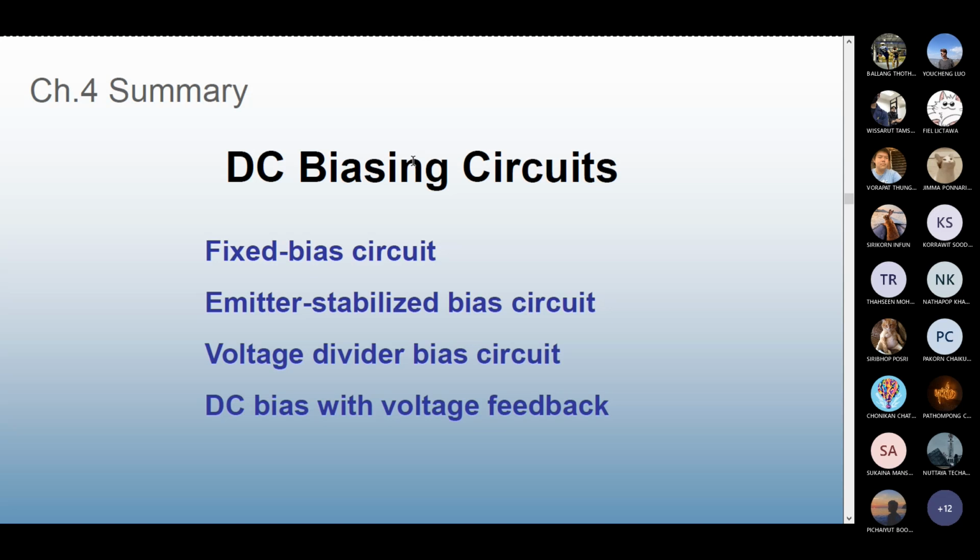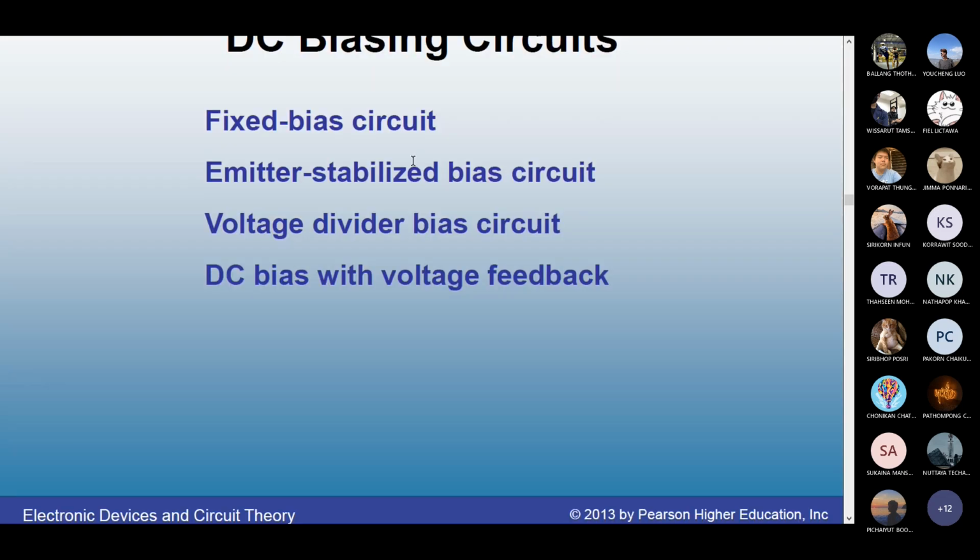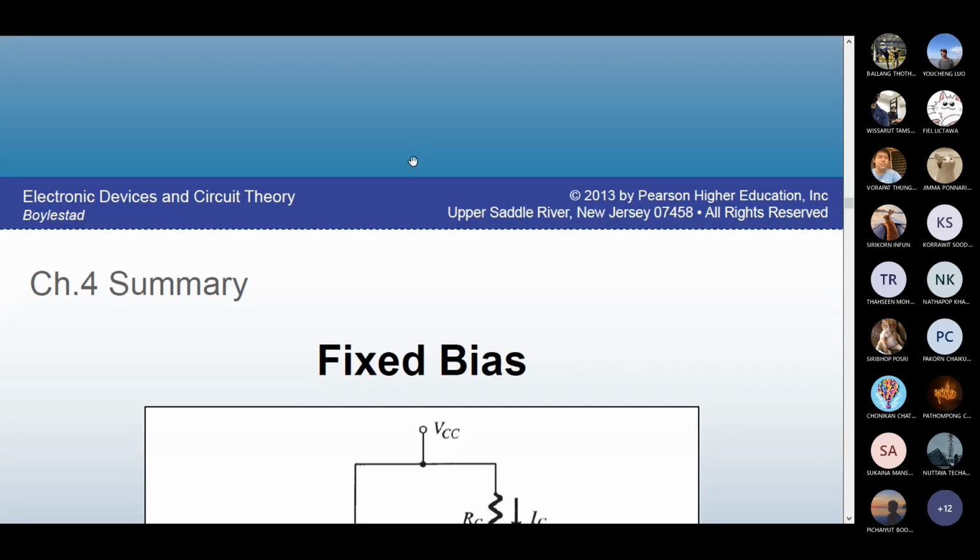But in the book, the name is collector feedback. They are the same circuit. Since we assume that you already know circuit theory and we already introduced the basic characteristics of the P-N junction, current and polarity, we'll go a bit fast from here. But it is still within the time frame and course outline.